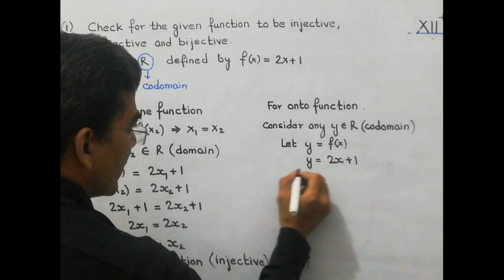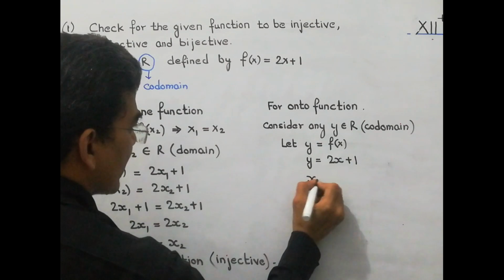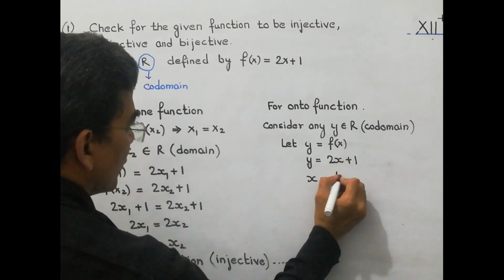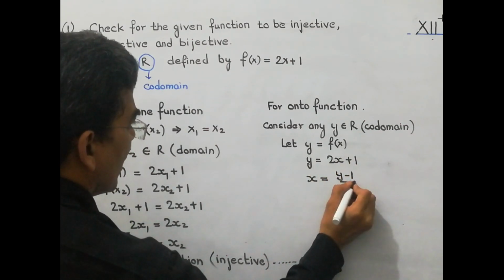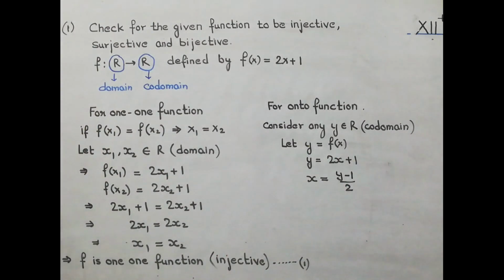So when you solve it, you will be getting x is equal to (y minus 1) upon 2. Now you have got x in terms of y. Now remember what x is over here. x over here is an element from the domain. That means you can call it as pre-image.